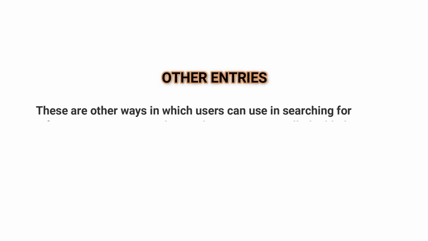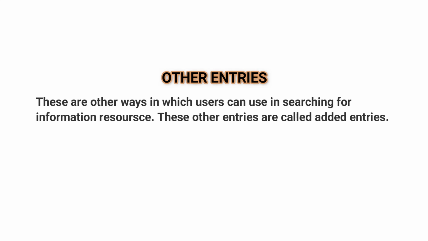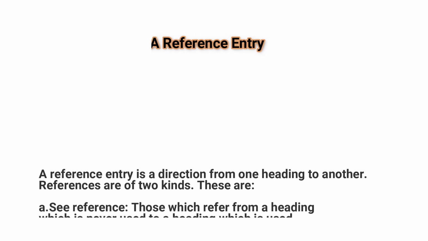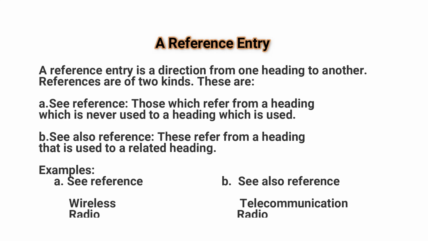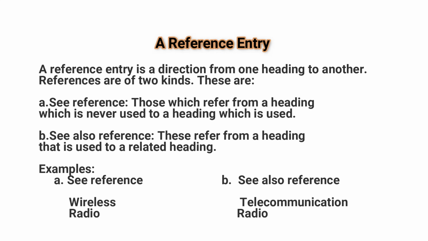Other entries. These are other ways in which users can search for information resources. These other entries are called added entries. A reference entry is a direction from one heading to another. References are of 2 kinds. These are See references, those which refer from a heading which is never used to a heading which is used.